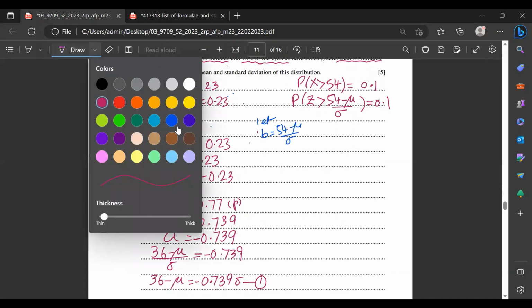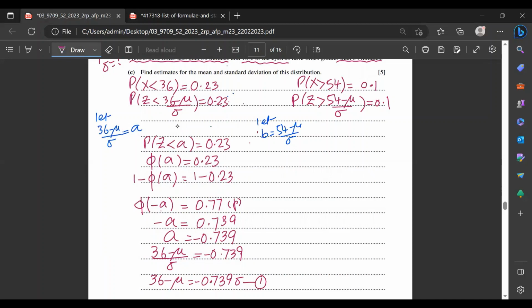Then probability of z greater than b is equal to 0.1. For greater than we write 1 minus phi of b equal to 0.1, and by simple algebra phi of b is 0.9.